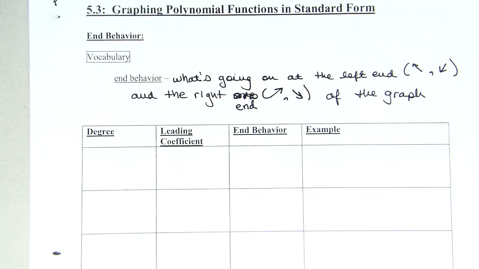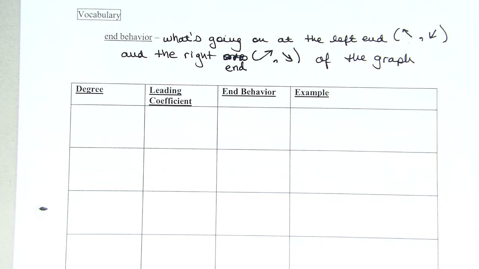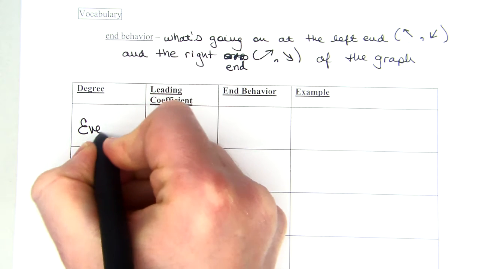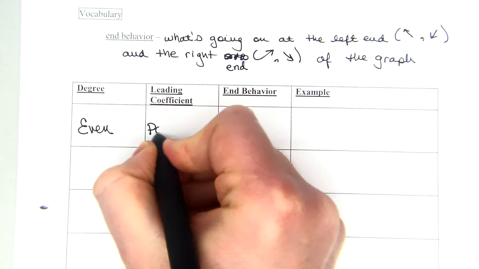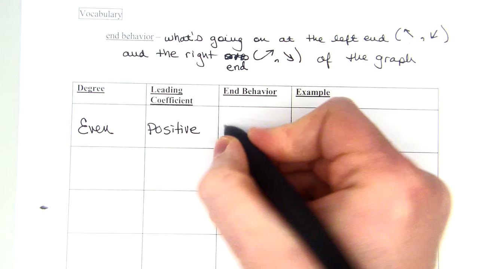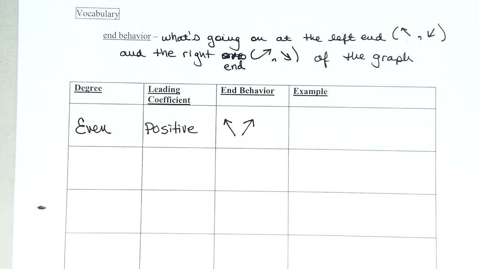So we saw when we did our sorting activity that end behavior is based on two things: the degree, the highest power, and the leading coefficient, that number out front. If the degree is even, and we have a positive leading coefficient, our end behavior will be up to the left and up to the right.